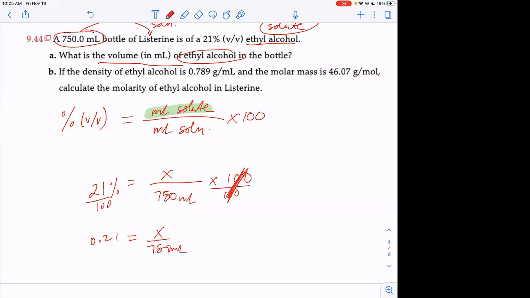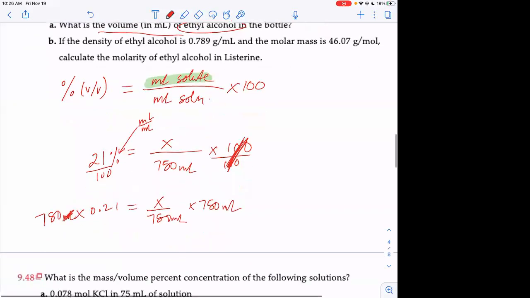Then what? And remember, that percent is a volume per volume, which means milliliter per milliliter. We don't write those out when we write the percent, but the milliliters with the 750 end up canceling with the milliliters on the bottom. So we'll just have 750 times 0.21, which is 157.5, and the units there would be milliliters.